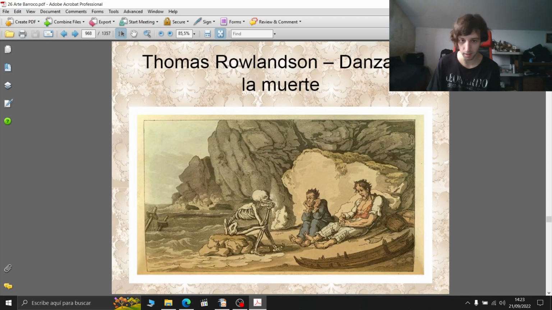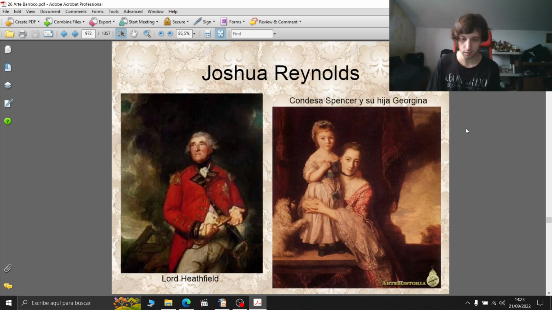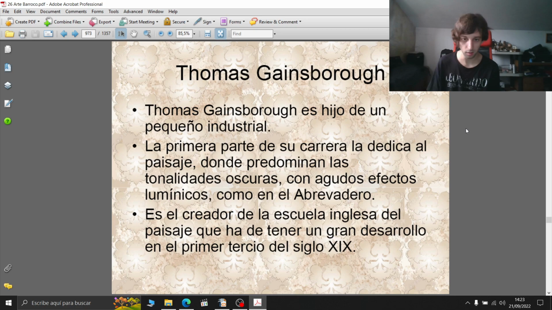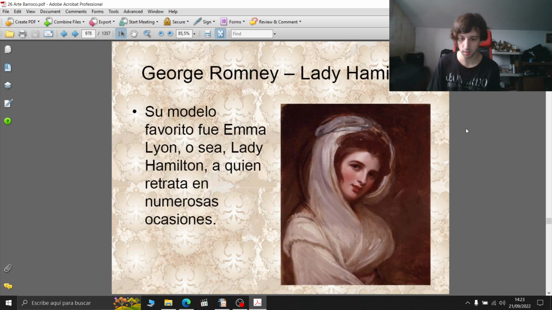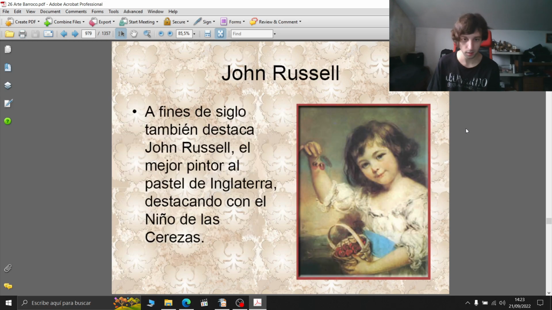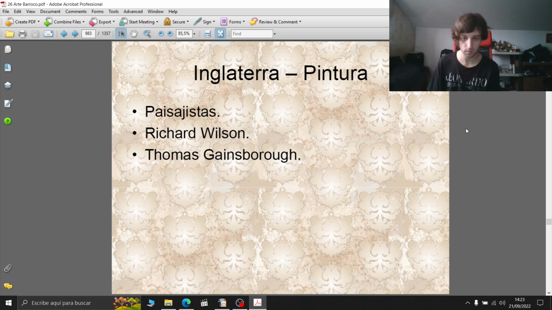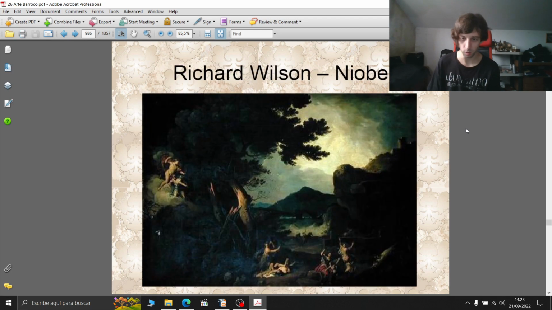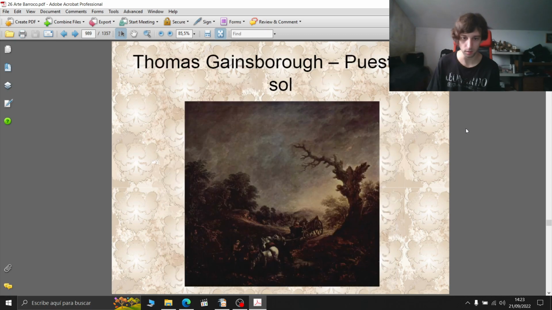This is called Dance of the Dead. Joshua Reynolds, Thomas Gainsborough, George Romney, Lady Hamilton, John Russell, Thomas Lawrence, Richard Wilson, and Thomas Gainsborough with the landscapes.